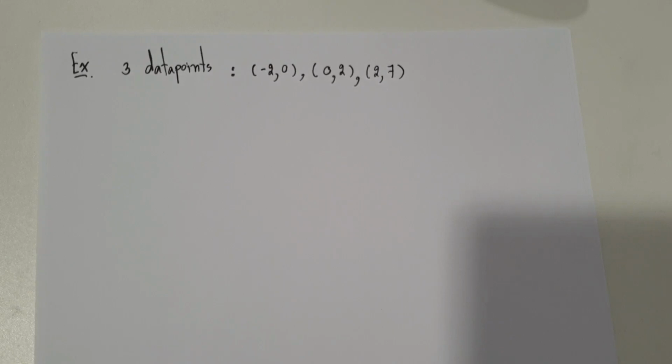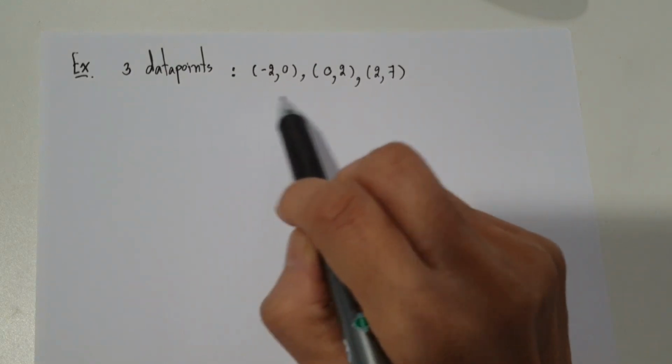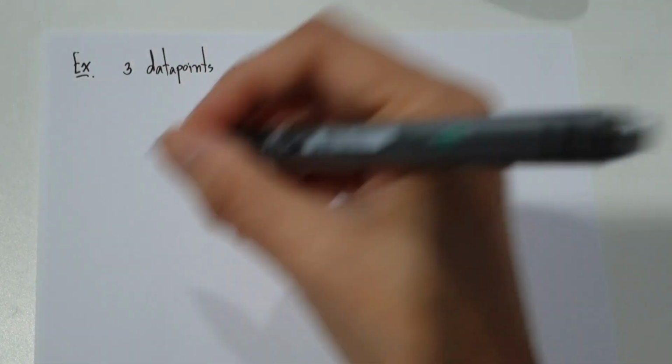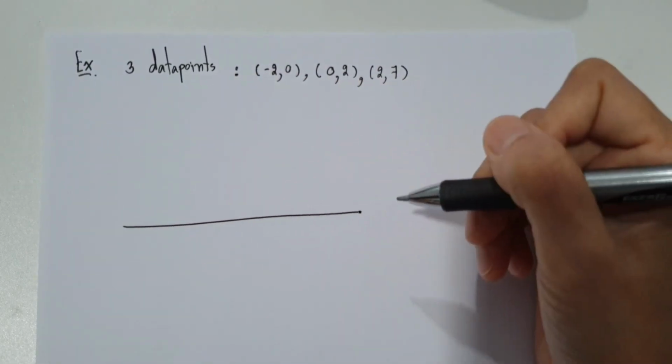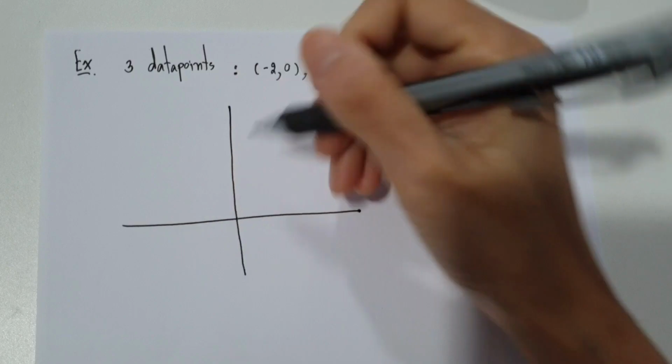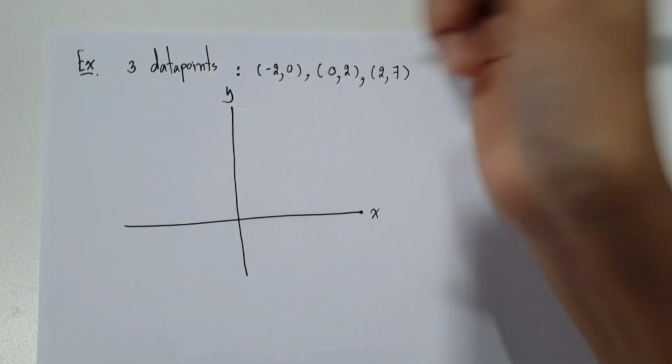Now I will show you how to apply quadratic spline to fit functions in between these three data points. So from this data, if we plot, here is x and y.